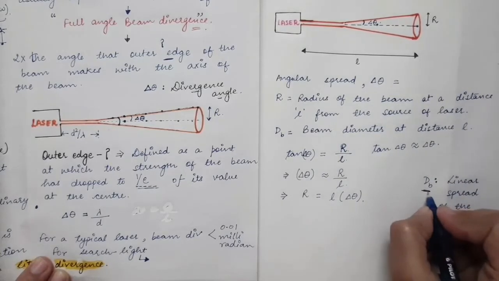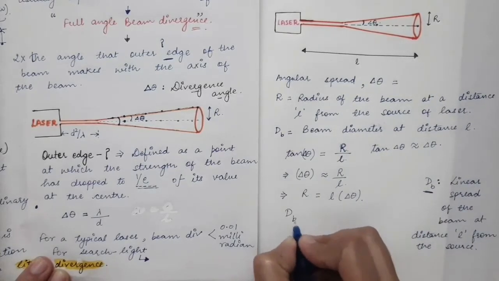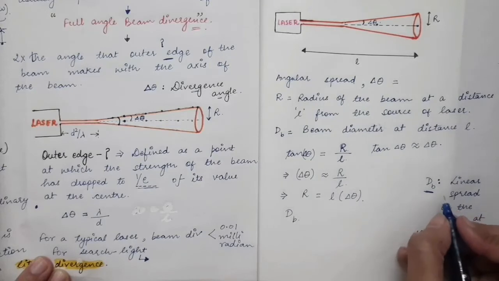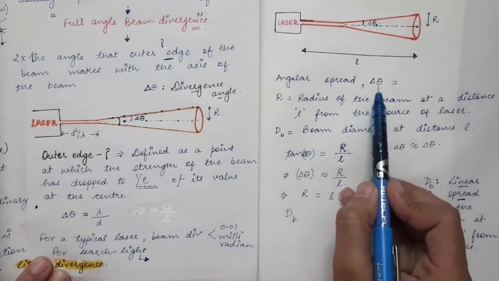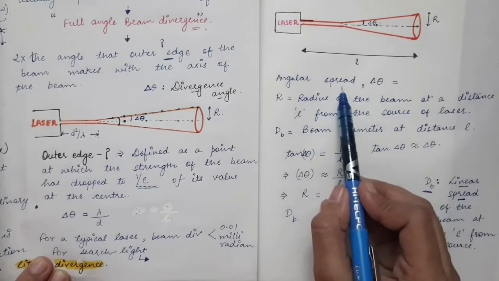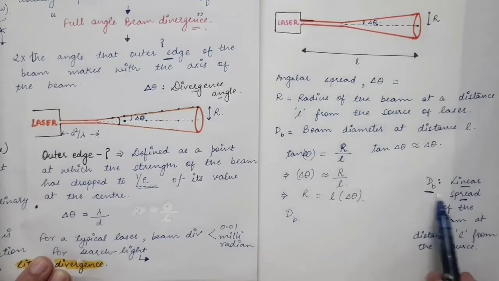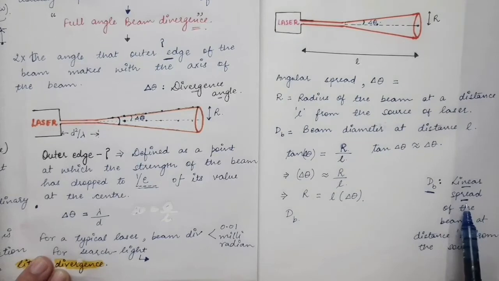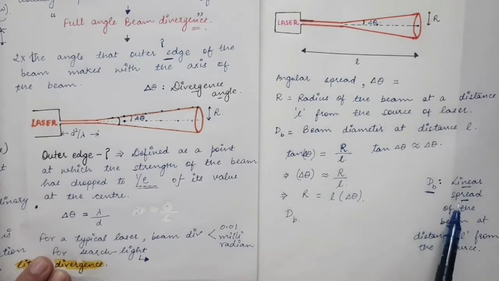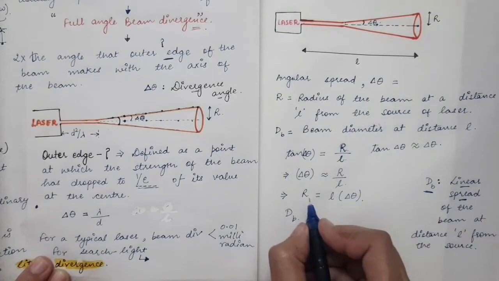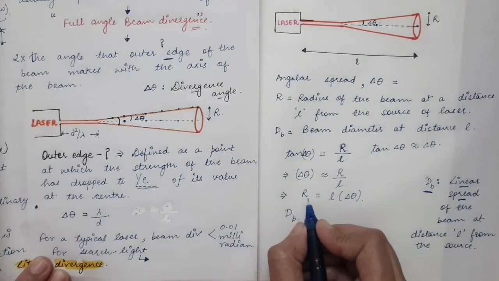And what will be the beam diameter? The beam diameter is also called the linear spread. This delta theta is called the angular spread, and this dB is called the linear spread. So this angular spread and the linear spread are interrelated. This R is the radius of the beam.